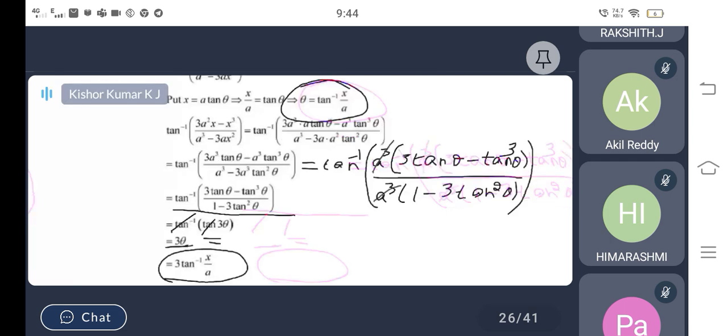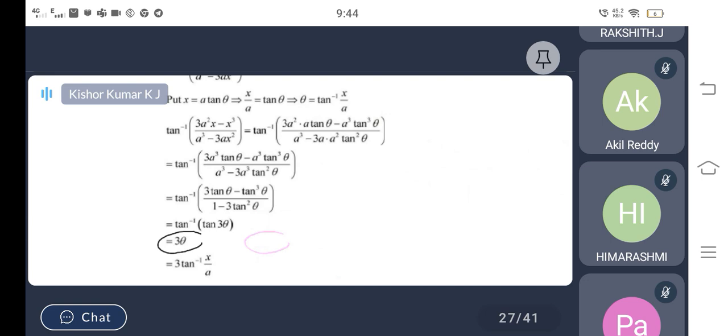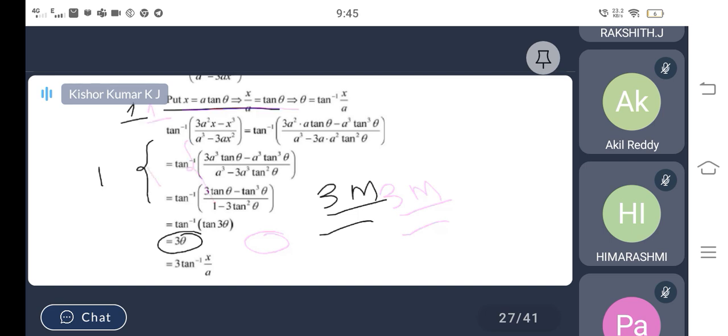Say students, when you have reached the last level, compulsorily you have to mention the value of theta. If you have stopped your problem only at 3 theta, you will lose 1 mark. If it is a 3 mark question, they will split the marks: substitution, what you had taken, for this 1 mark, and for all this 1 mark, and final answer 1 mark.